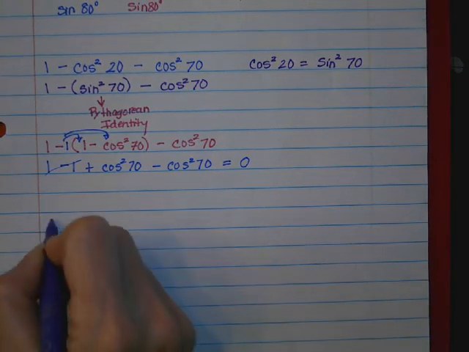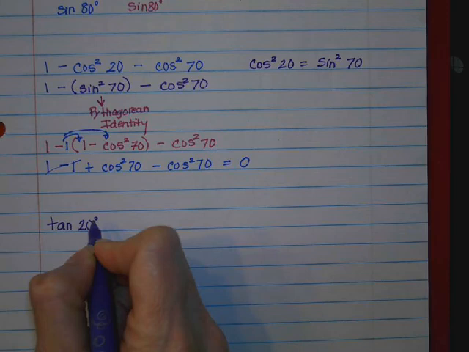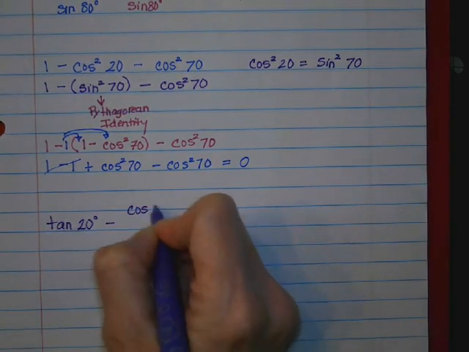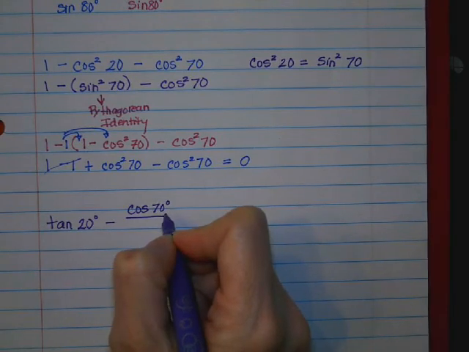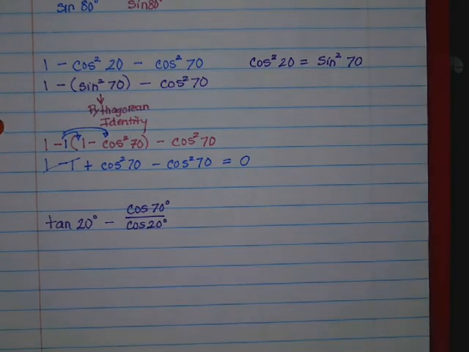All right, so we got the tangent of 20 degrees minus the cosine of 70 degrees over the cosine of 20 degrees. Let's go back here and pull up this identity.